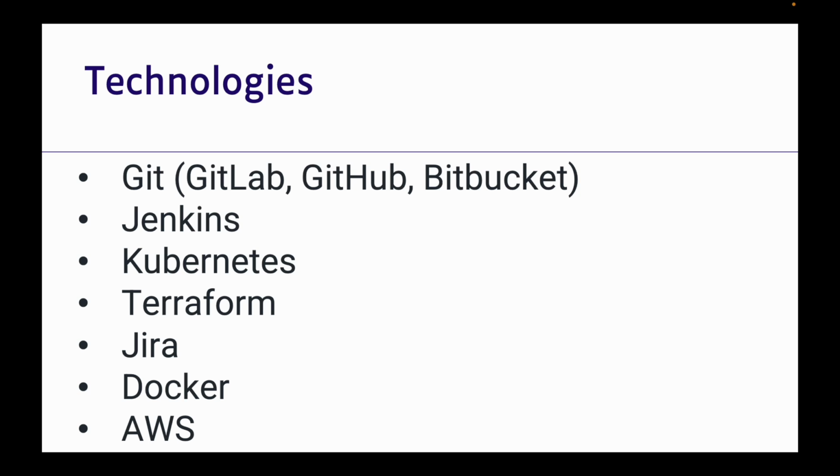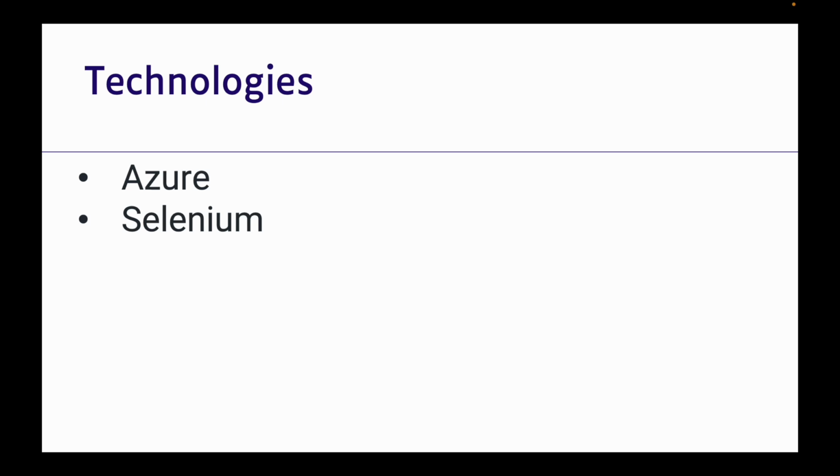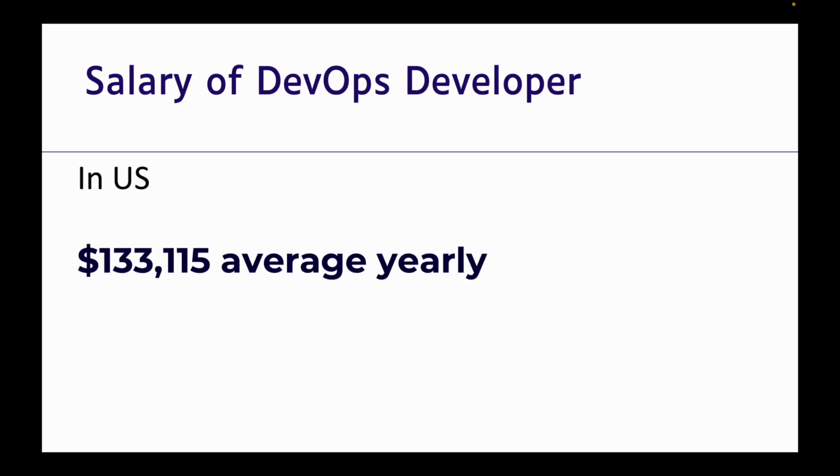Inside you can learn GitLab, GitHub, Bitbucket, Jenkins, Kubernetes, Terraform, Jira, Docker, AWS, Azure, and Selenium. These are the technologies that you can learn for DevOps, and DevOps is a hard field. I'm not trying to demotivate you guys, but if you have really, really passion in it, then you can go for DevOps. Okay, so the salary of a DevOps engineer is $133,115 average yearly.